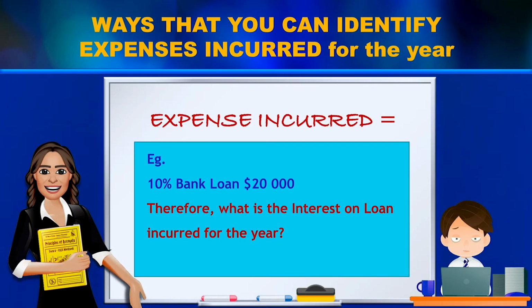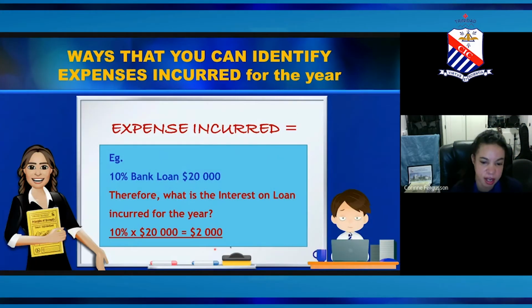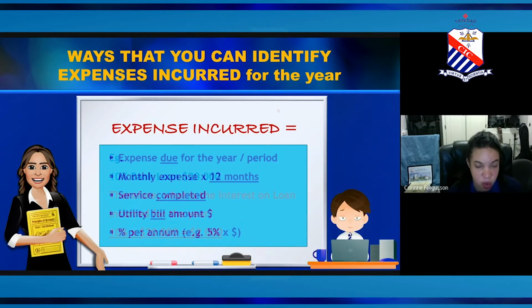So what would be the interest on loan incurred? It would just be the 10% by the total amount of the loan, and that will be $2,000. So this would be the amount incurred, and this will be the amount to go into your income statement. So what we've been doing here is when they do tell you what is the amount incurred, you can identify they have told you what is the amount that goes into the income statement.